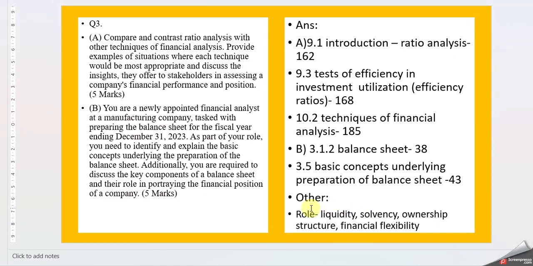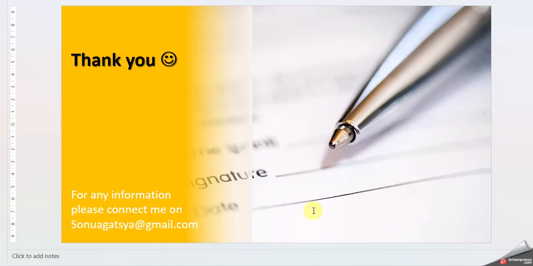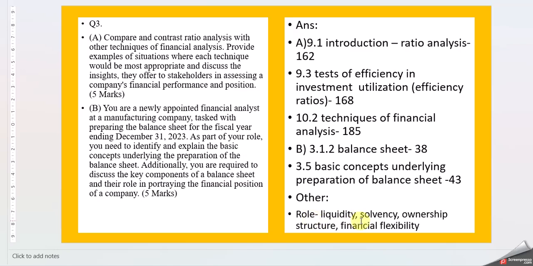After that we have the balance sheet and its role in portraying the financial position of the company. For the role part, you can write liquidity, solvency, ownership structure, financial flexibility. You can write some more points in this. Provide a brief explanation of what a balance sheet provides and how it helps you understand the financial position of the company.